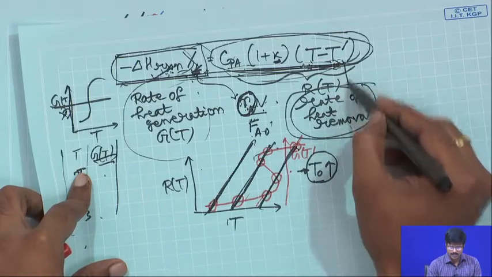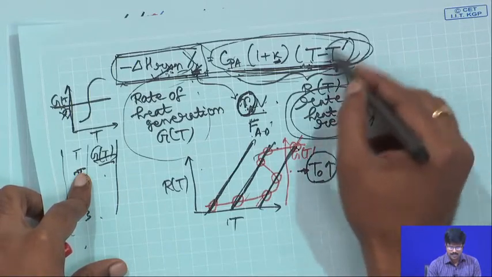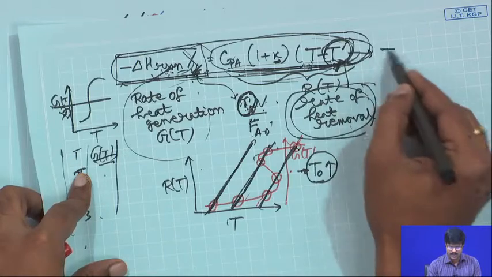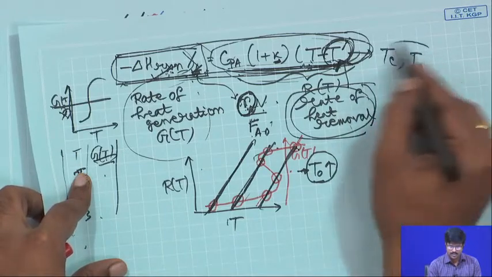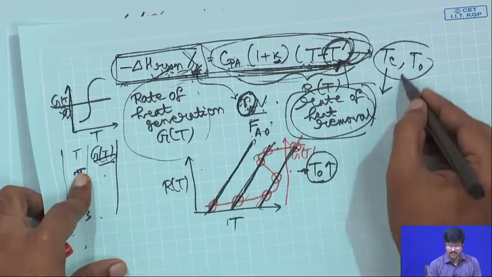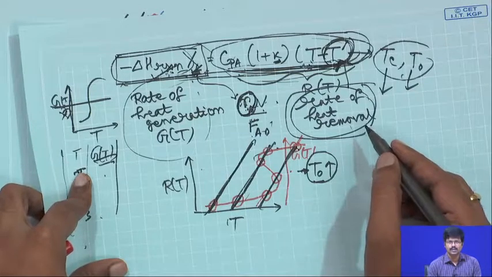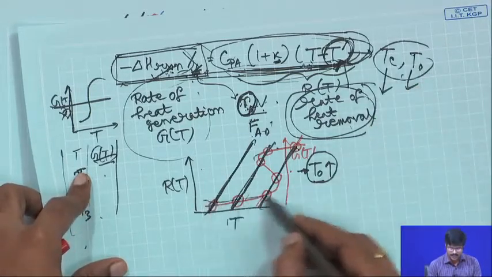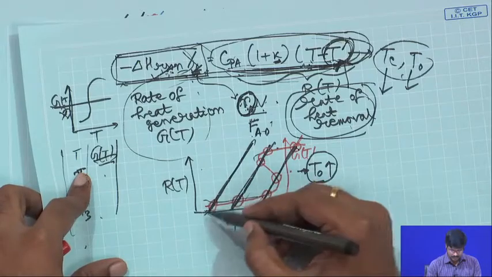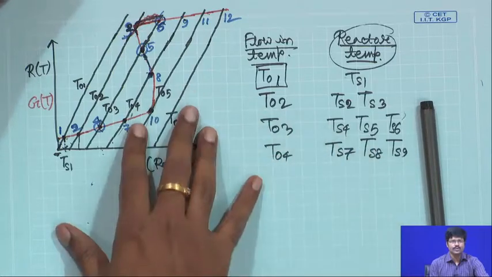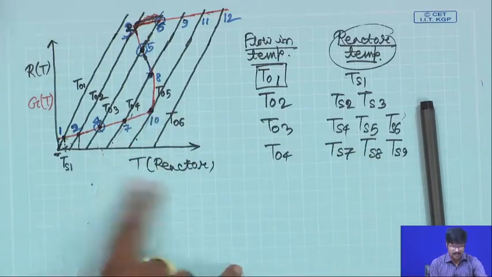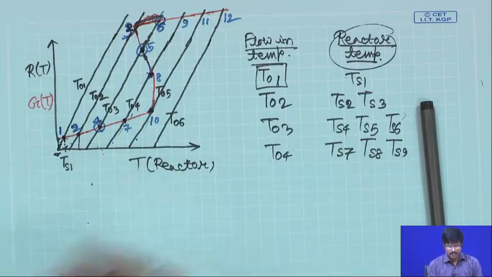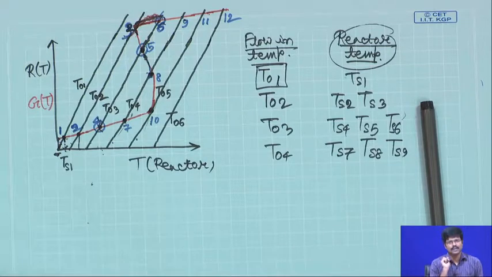Depending on where the temperature is, if you change this T prime, which is a combination of both Tc and T0, where Tc is the temperature of the heat transfer fluid and T0 is the temperature at inlet, then you get different heat transfer lines. At what temperature you will operate the reactor will then depend on the temperature of the inlet as well as the temperature of the coolant or the heat transfer fluid.